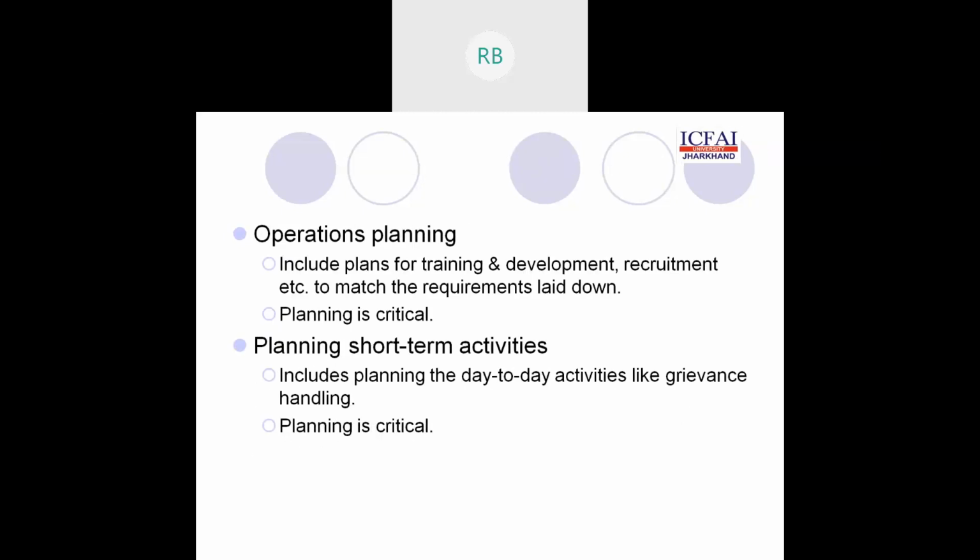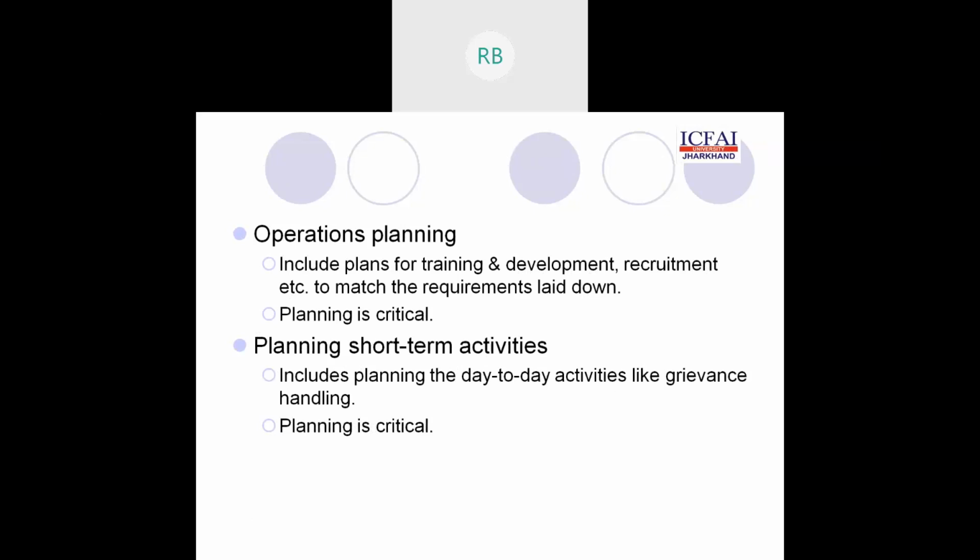Now, operation planning includes plan for training and development, recruitment, etc. And planning here is also critical. Now, planning in the short-term activities includes management, day-to-day activities like grievance handling.